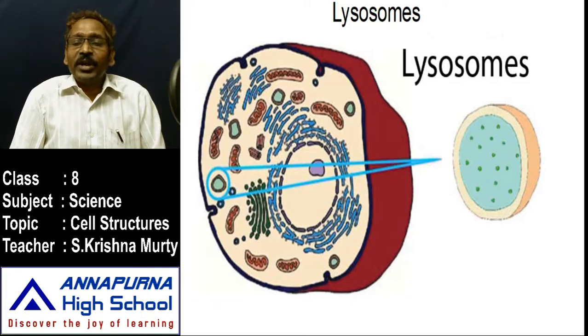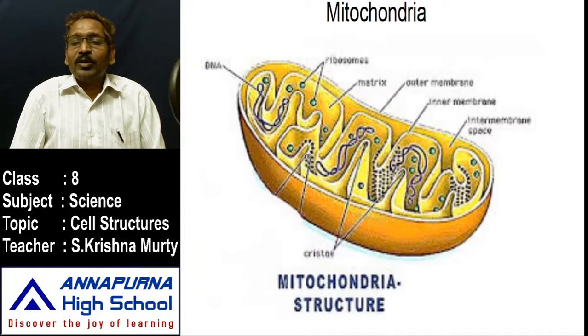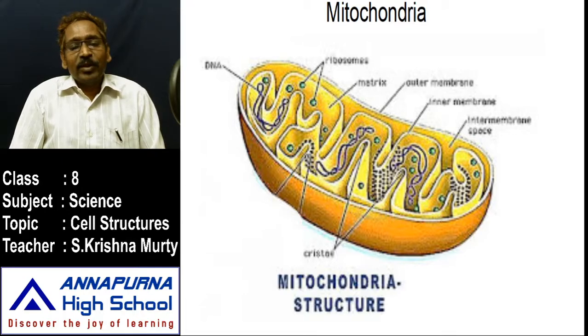And another important organelle, mitochondria. You know very well that in a unicellular body there is only a single mitochondrion to synthesize food material. But in multicellular bodies, each and every cell should contain 1000 to 2000.